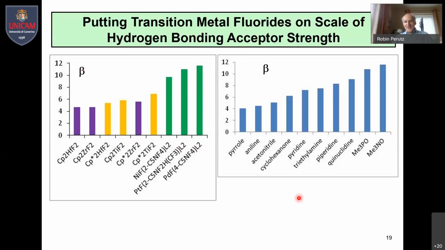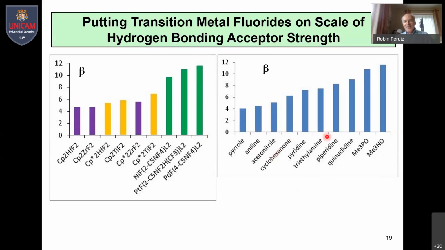So let's go to the standard organic hydrogen bond acceptors and see how they compare. We start here with pyrrole and aniline, around about 4, acetonitrile perhaps 5. They're pretty similar. Acetonitrile is pretty similar to those group 4 complexes in strength.